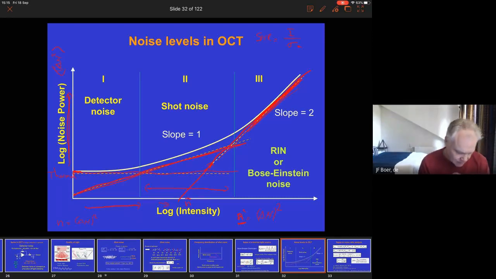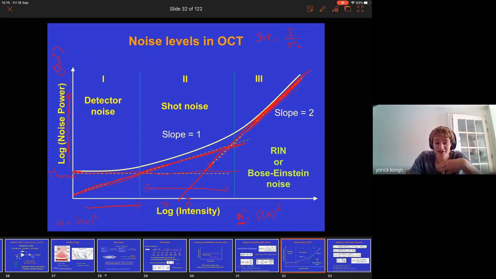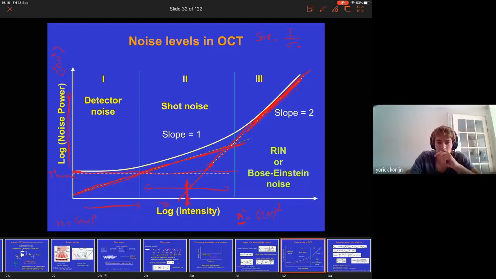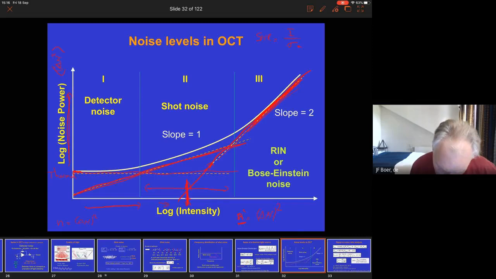Out of curiosity, in OCT experiments, do you try to go to the outer edges of the second regime? You try to be right here, smack in the middle. But wouldn't it still be beneficial to move a bit more to the right? Or oh wait, sorry. The best location is where this line and this line cross, right here.